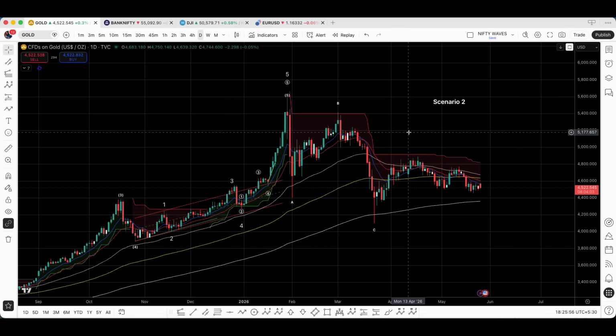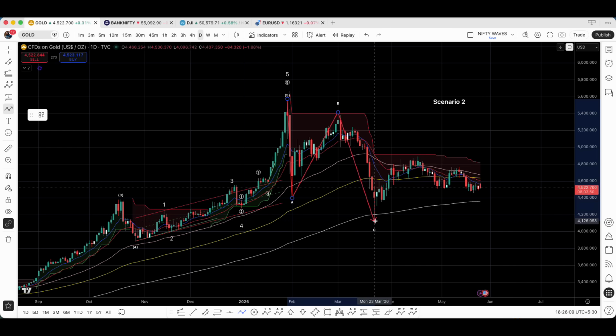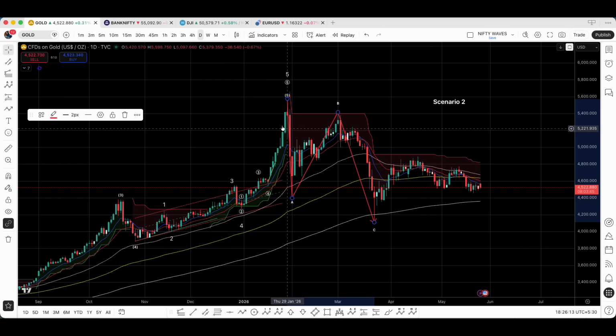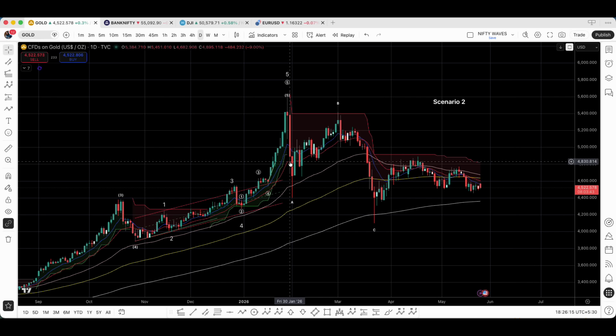It's not going to be something straightforward like a simple ABC. Keeping that in mind, that would make this complete wave here, which we've got as one wave, go down as a complex correction.